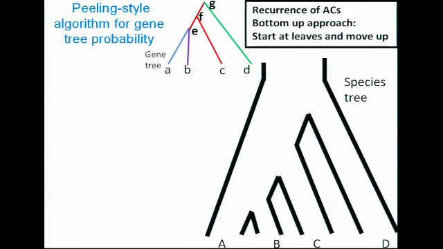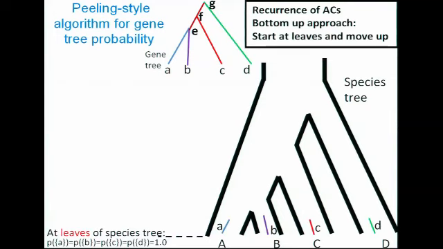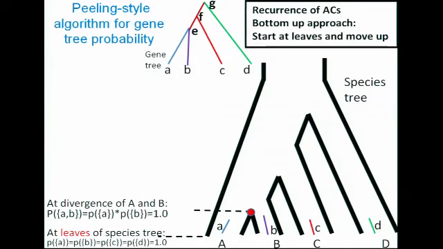All right. So with this definition, it allows us to come up with a peeling style algorithm for computing the gene tree probability, which is basically starting from the leaves. Here, on the leaves of the species tree, the probability of these ancestral configurations is all just 1. Then when we move back, the probability of AC is just the probability of A times the probability of B, which is still just 1.